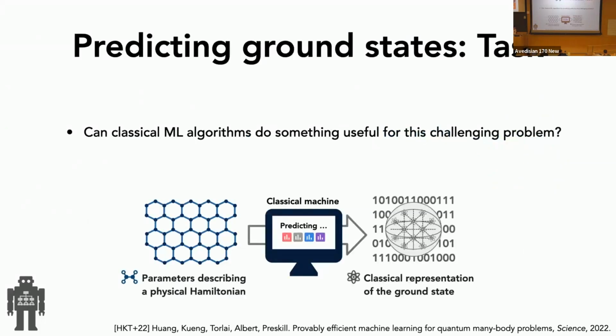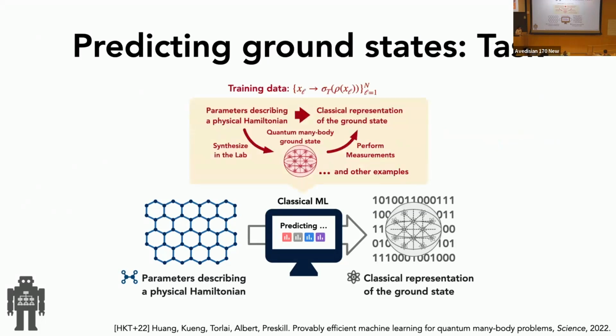So one could ask, can a classical ML algorithm do something useful for this challenging problem, like maybe solving it in certain regimes? The key difference between a normal classical algorithm and a classical ML algorithm is that classical ML algorithms require a training set. For example, here we can consider a setting where we have some Hamiltonian.